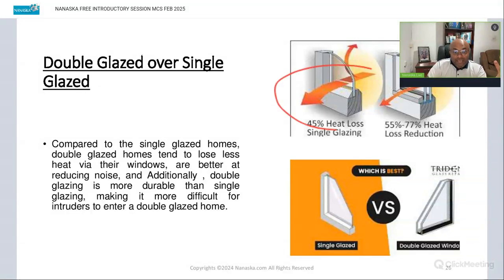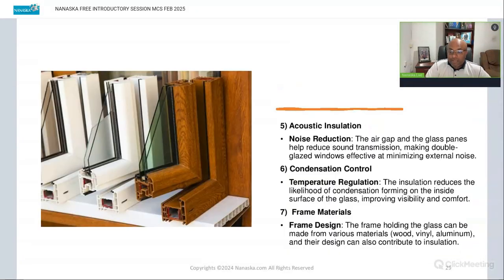If you have a single glaze, there's a 45% heat loss, and 55% of that can be saved if you have the double glaze. So this is the business that we are in.